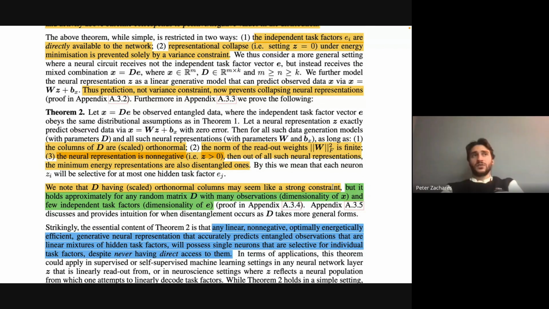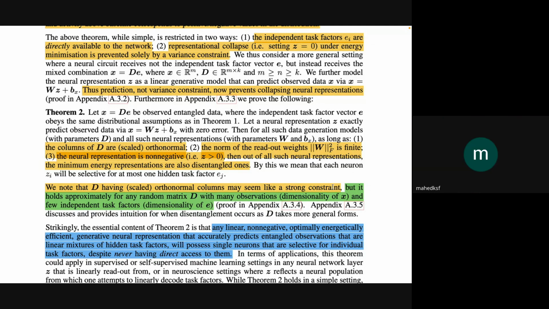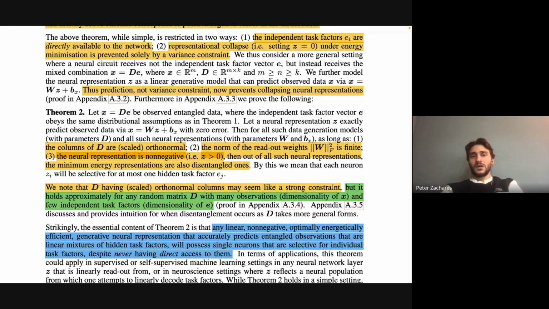I don't know if it gives a unique solution, because one thing they point out is they have a different definition of disentanglement than what's previously been studied. In previous studies of disentanglement, they say that each neuron needs to, actually, even in that case, you could just permute the neurons.